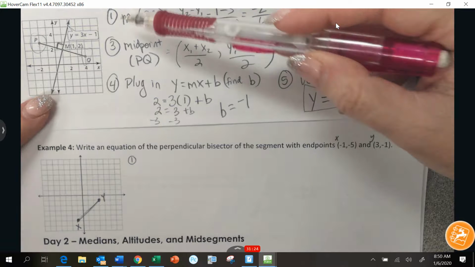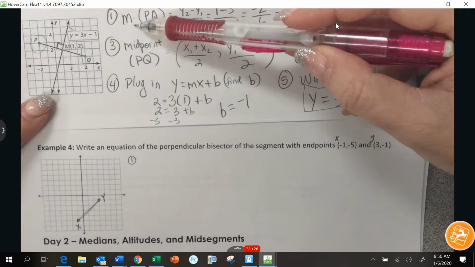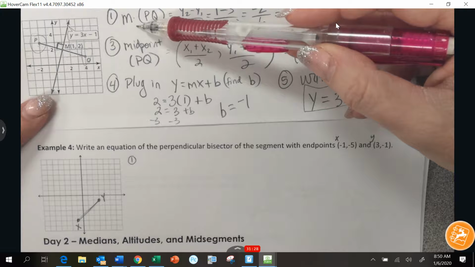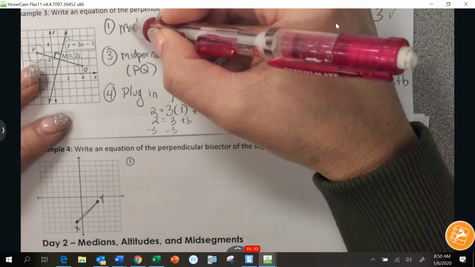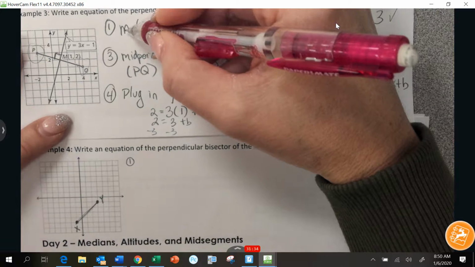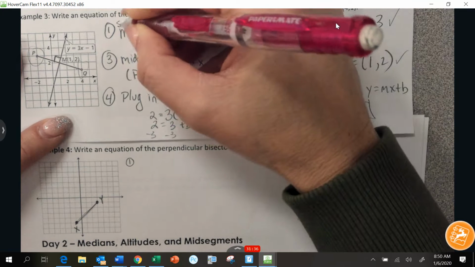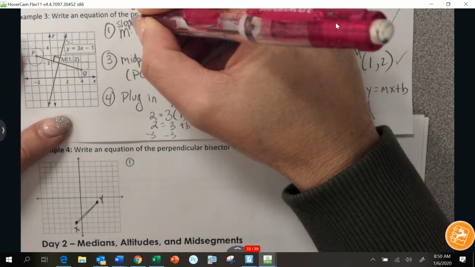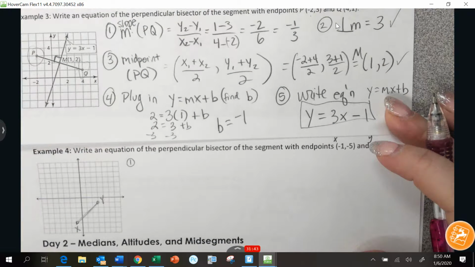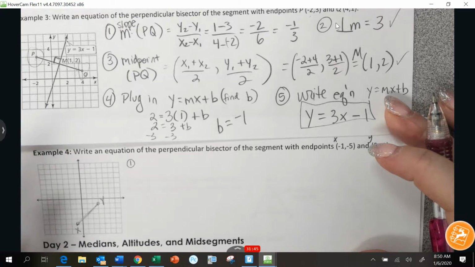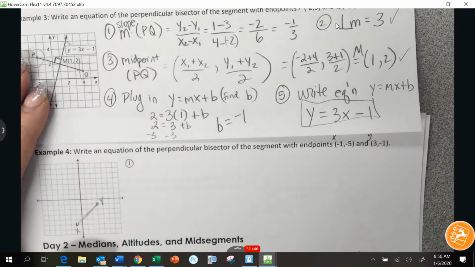Maggie, you remember what this stands for? Right, so if you forget, you need to make yourself a note. This is slope. Lowercase m is an abbreviation that stands for slope, but if you forget already, you're going to forget later. So write that in as slope.